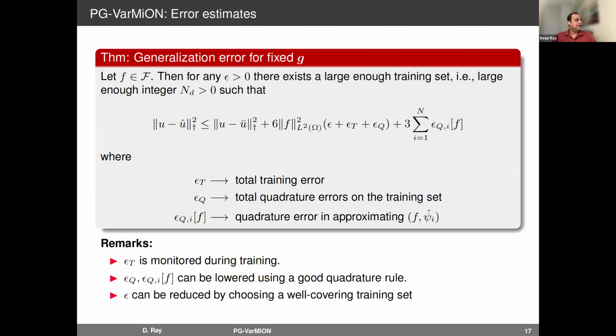Okay. And then we have the generalization error estimate, which at this point you only have for a fixed G, where G doesn't vary. So you assume that G is fixed for your problem.